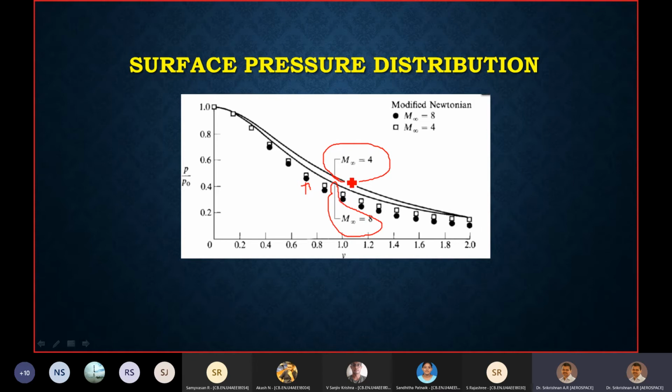We see that as Mach number increases, for 4 and 8 you have reasonably close agreement, and it's even closer for 8, which means that as you increase the Mach number, they tend to merge to the accurate or exact results. That's the utility of Newton's method.